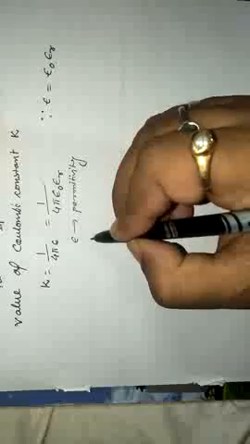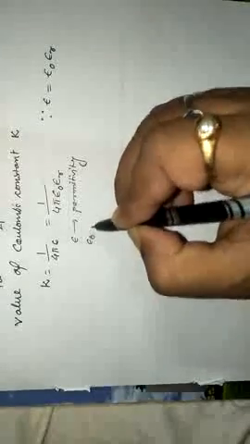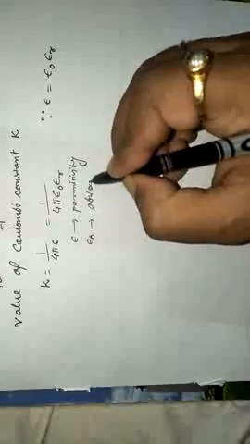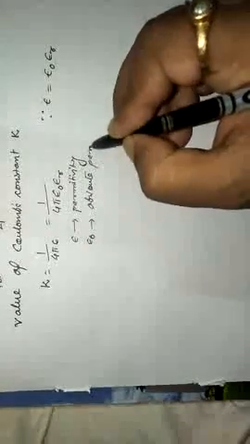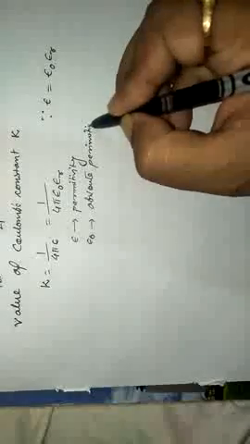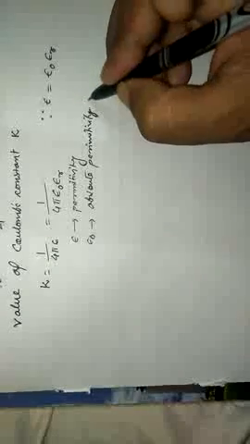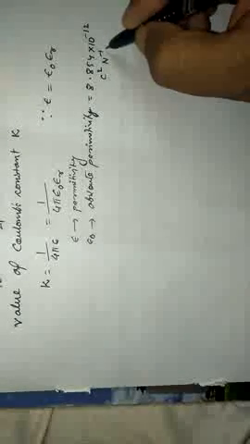The epsilon naught is known as absolute permittivity, and its value is around 8.854 into 10 to the power of minus 12, and the unit is Coulomb squared Newton inverse meter to the power of minus 2.